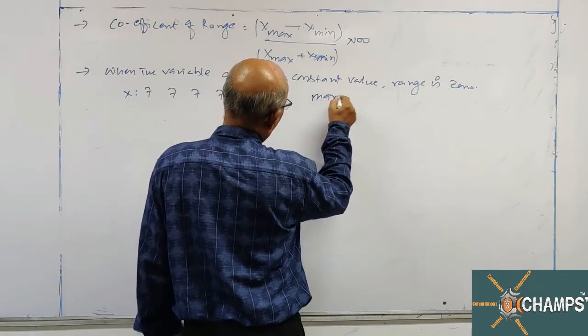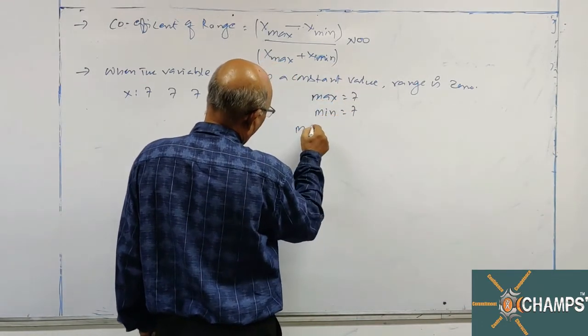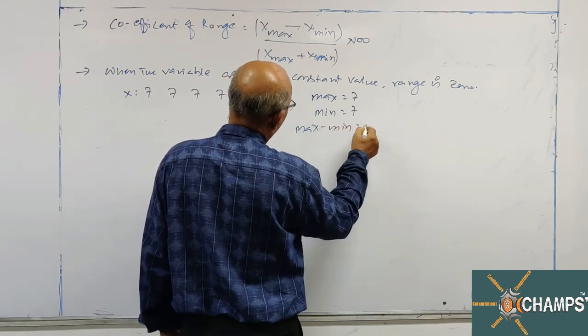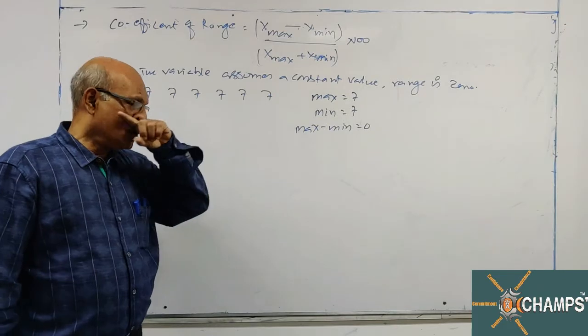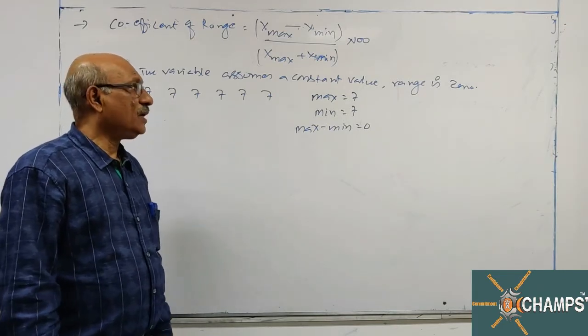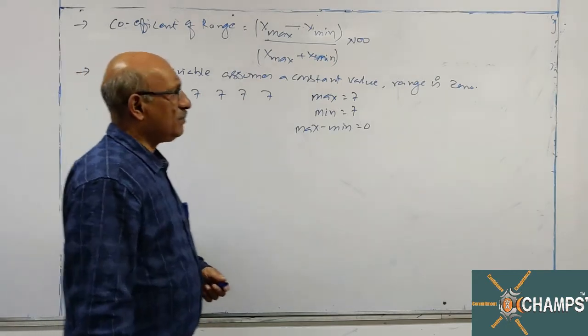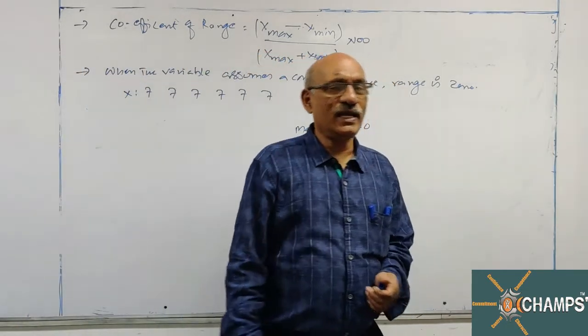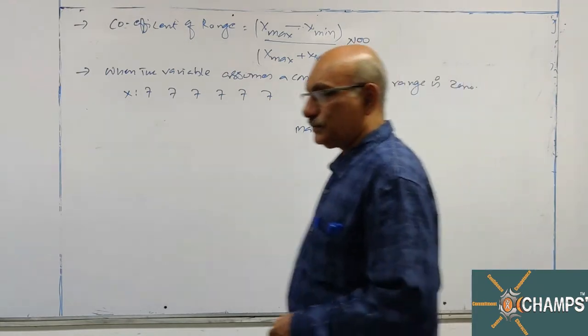So maximum is 7, minimum also 7, and maximum minus minimum is equal to 0. Most consistent data. So let me repeat this point: when the variable assumes a constant value, range is 0.